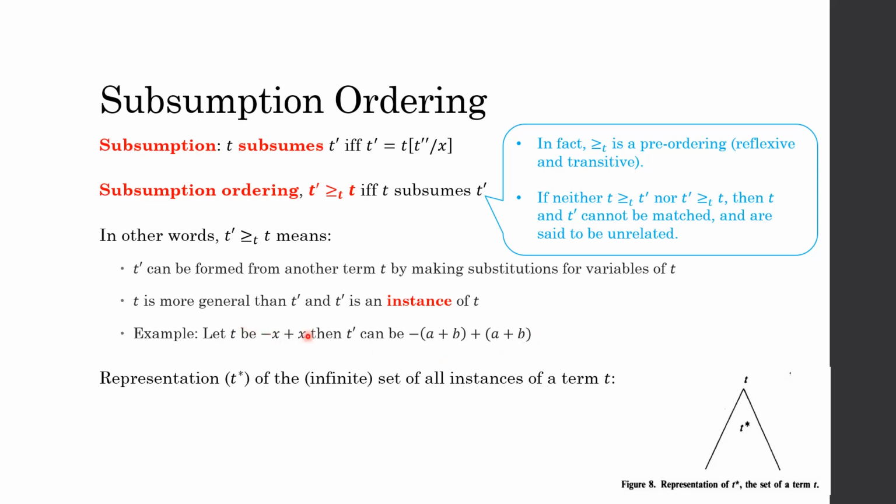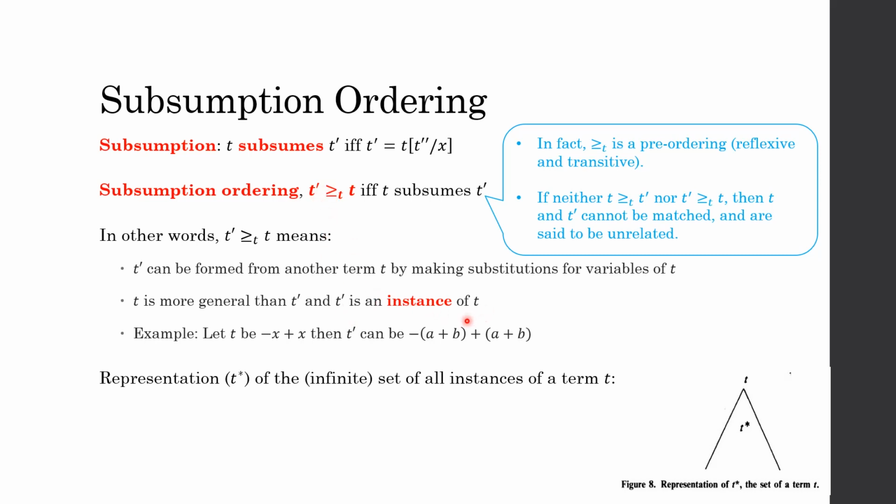There's an ordering that we will define on it, which is greater than or equals to, with subscript t. This means that t subsumes t prime, which means t is more general than t prime, which means t prime is an instance of t. I'm just repeating myself.